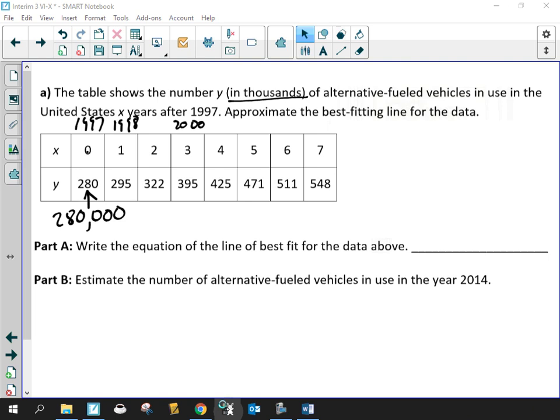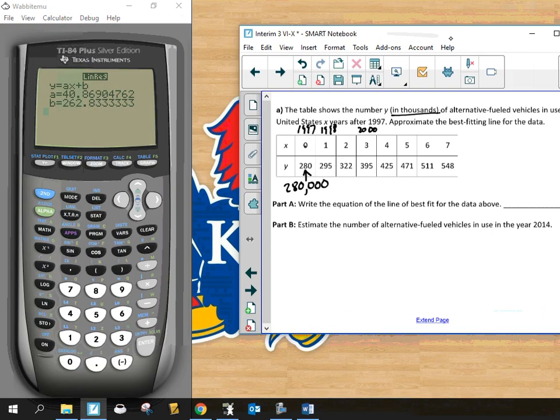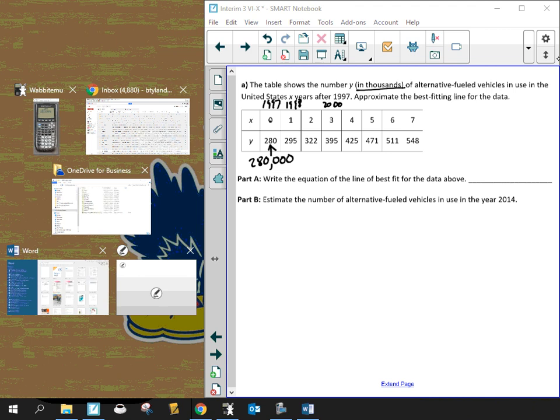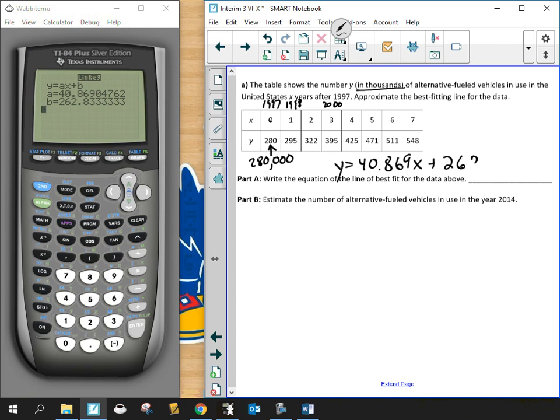So what we will see here is that our equation then is going to be y equals 40.869x plus 262.833. In the absence of instructions, go to 3 decimal places. That's the AP Calculus standard, I believe.